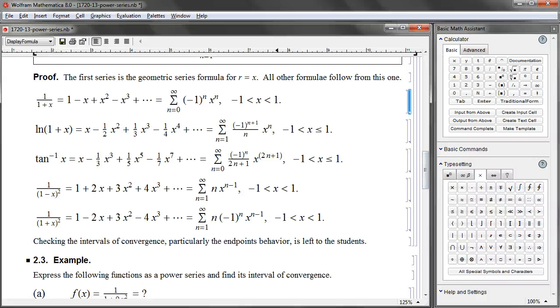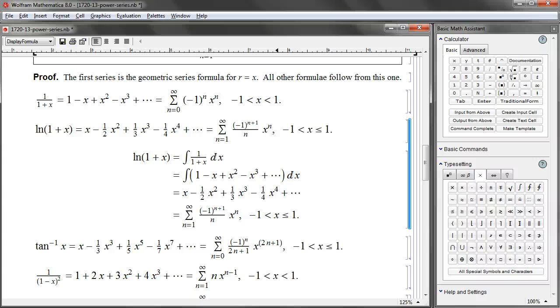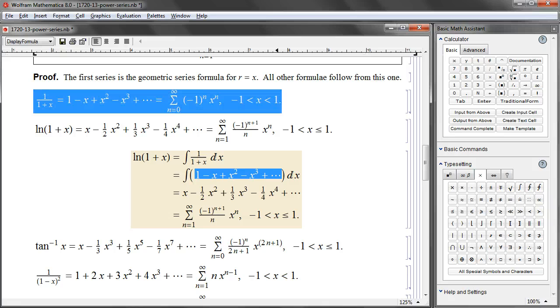Let's move on to formula number 3, which I think is the most important: the expansion of the logarithmic function. And that one begins from the second formula, as a matter of fact, here. And then we take the antiderivative, because log of 1 plus x is nothing more than the antiderivative of 1 over 1 plus x. And 1 over 1 plus x is nothing more than this series expansion, because of formula number 2, which we saw over here.